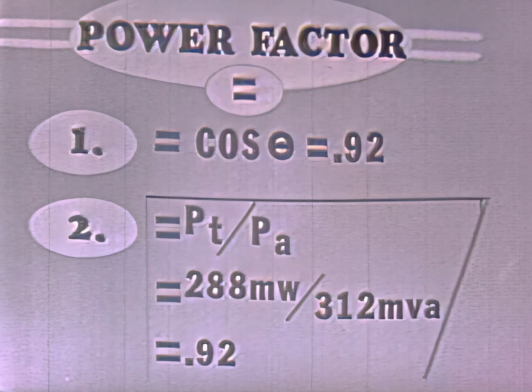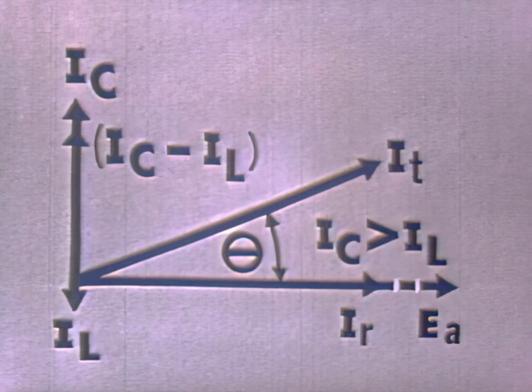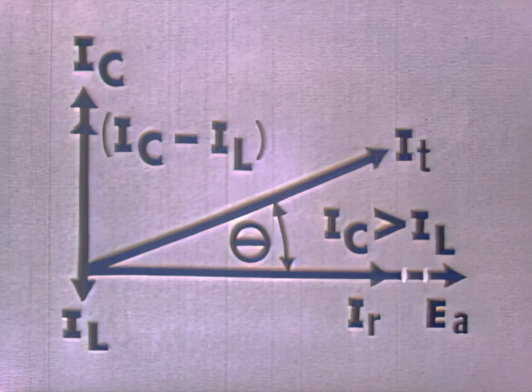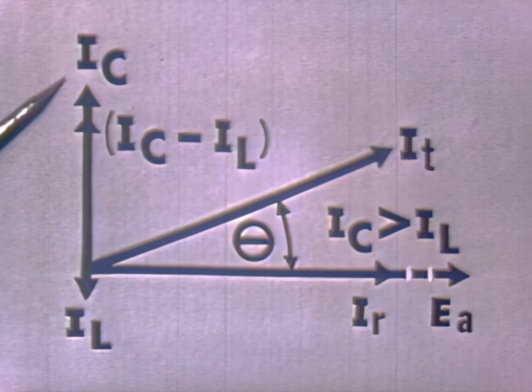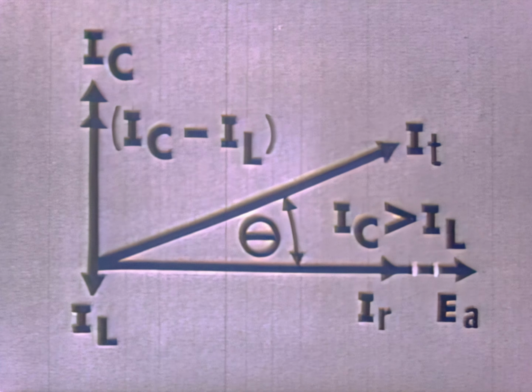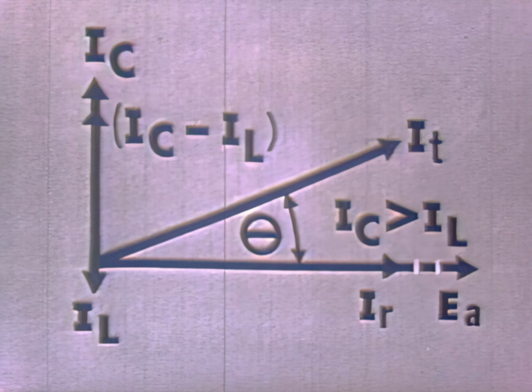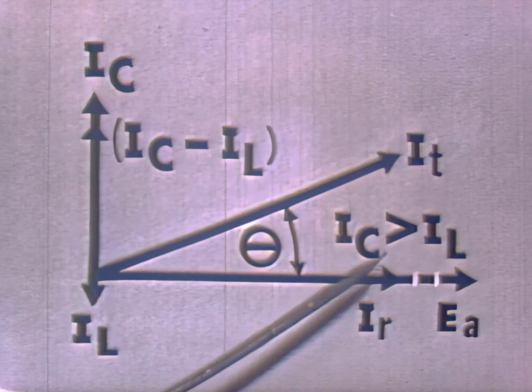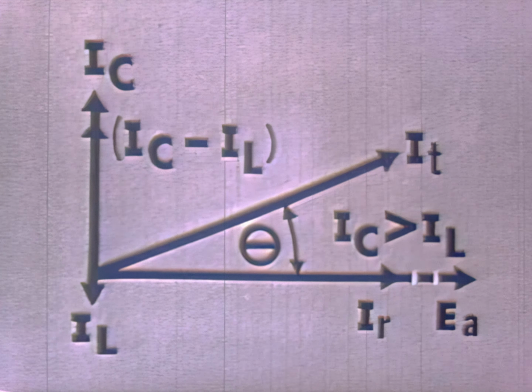Well, throughout the lesson, I have been using a circuit to obtain a resultant current vector like this one, where IC is greater in magnitude than IL. This being the case, our total current leads our applied voltage by the phase angle. And as I said, IC would have to be greater than IL.